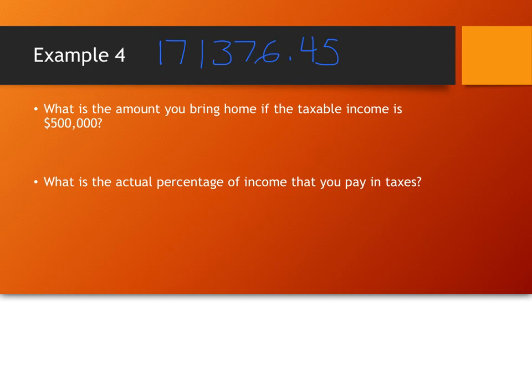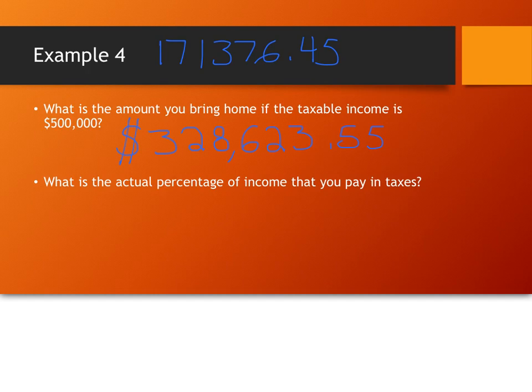And so that comes out to bringing home, if you made 500,000 and paid 171,000 in taxes, $328,623.55. Again, this is just after federal taxes, and we're not including Social Security or all those other little things they take out of your paycheck.